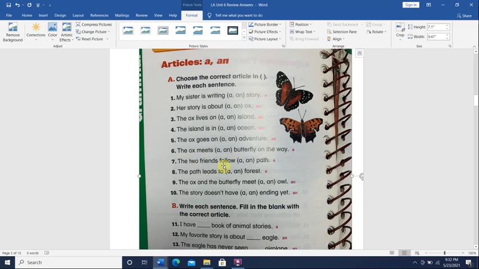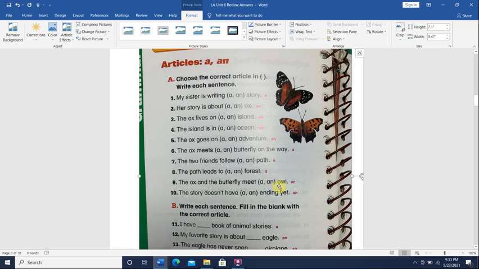The two friends follow path. Does path begin with a consonant? Yes. So the two friends follow a path. The path leads to forest. The path leads to a forest. Okay, why? Because forest begins with F, which is a consonant. The ox and the butterfly meet owl.